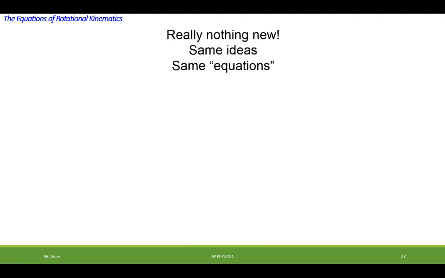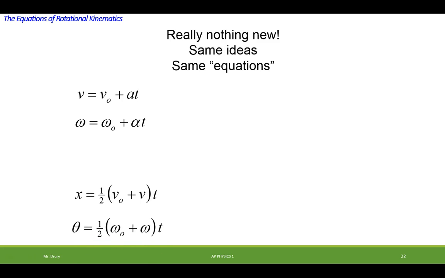All right, when we talk about angular, it's really nothing new. Same idea and really the same equations. For example, velocity final is equal to velocity initial plus at, and there's the angular equivalent. It looks exactly the same. We're just using angular terms. Here's another equation. There's its angular equivalent.